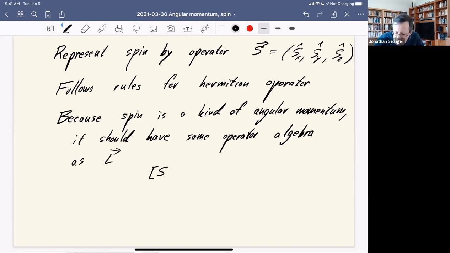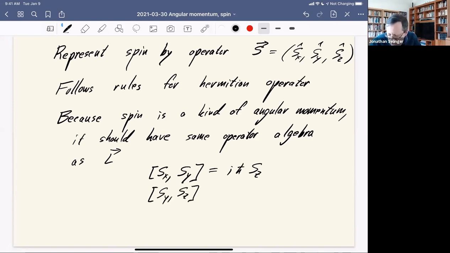So whatever spin is, I don't know what it is, it should be like L in the sense that the commutator of Sx and Sy should be i hbar Sz, and so forth.